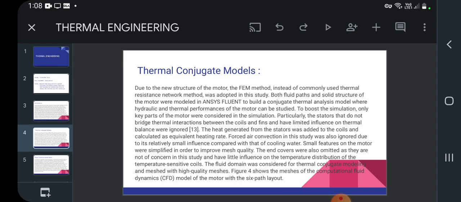The fluid domain was considered for the thermal conjugate modeling and meshed with high quality meshes. Figure 4 shows the meshes of the computational fluid dynamics CFD model of the motor with a 6-path layout.